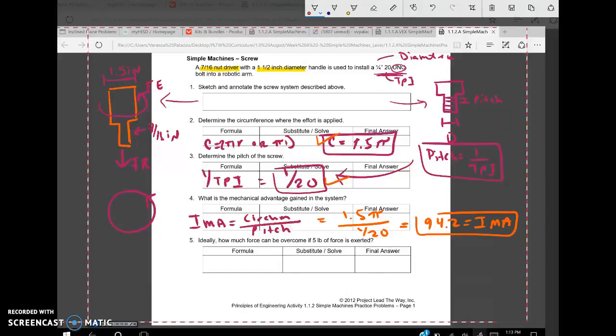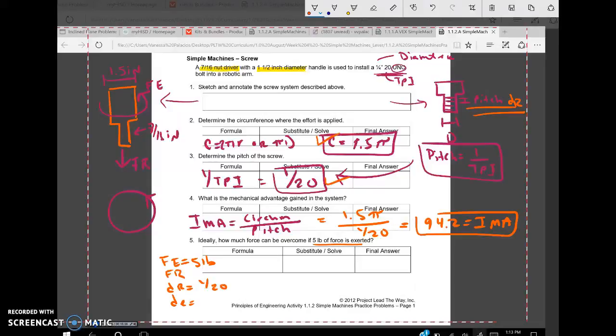Okay, the last problem states, how much force can be overcome when 5 pounds of force is exerted. So here we know that our FE is going to be 5 pounds, and it wants to know what our FR is. Okay, if you remember earlier, I said that your pitch is also going to be your DR. So then our DR would be 1 over 20.